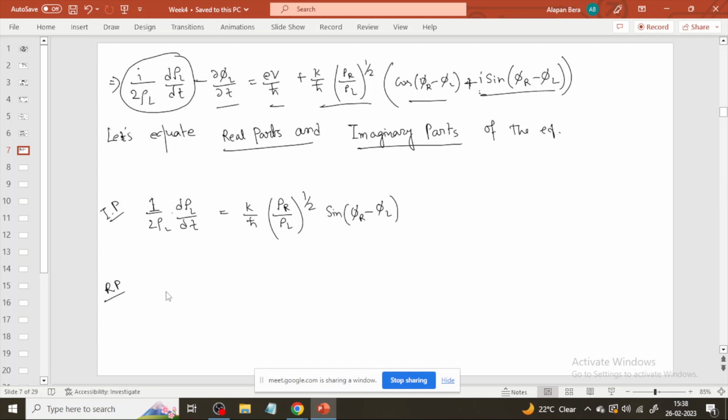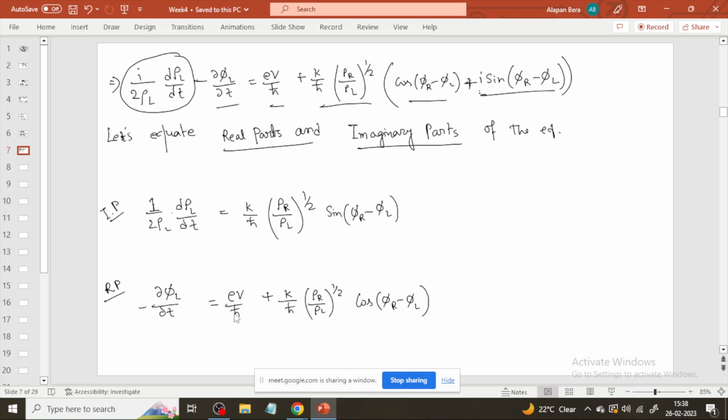So the real part is. So we have now equated the real part and imaginary part here.